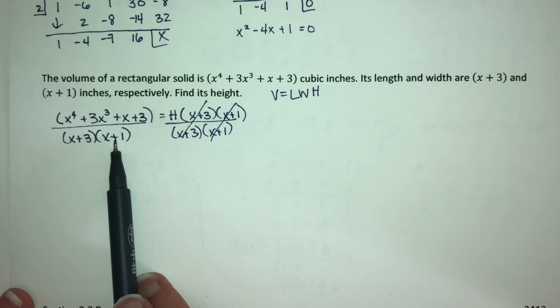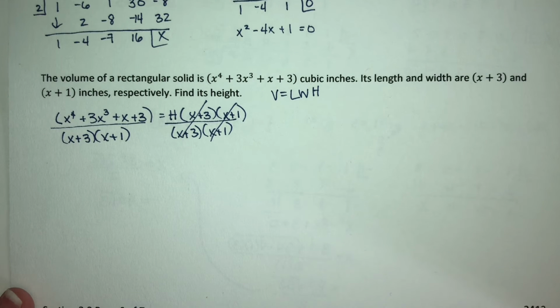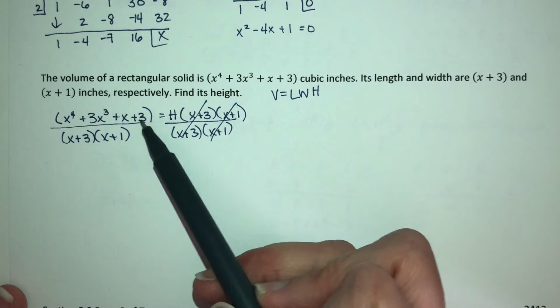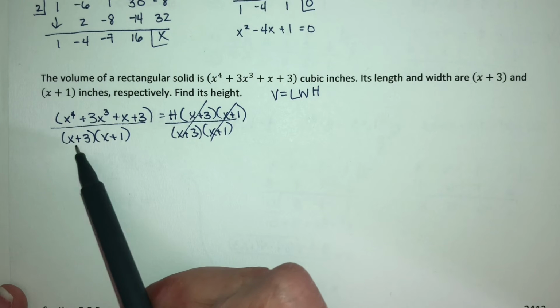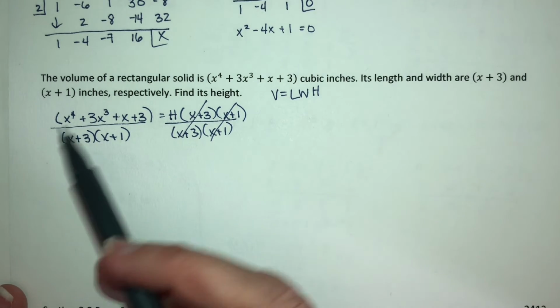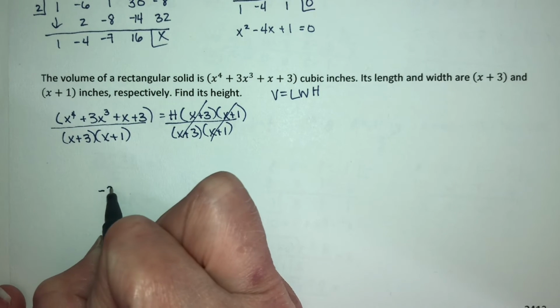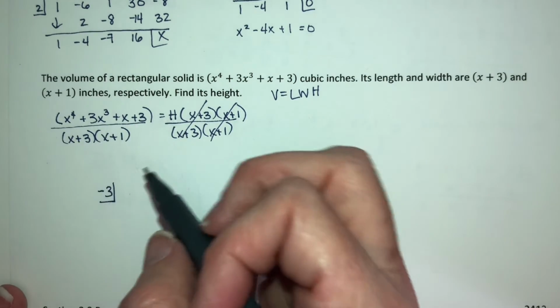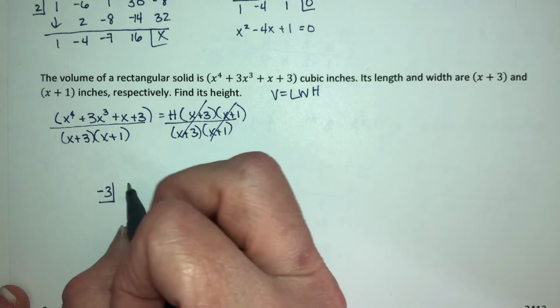You can multiply these together and then do long division because you're going to have a square term in there. Or you can do synthetic division twice. So I think I'm going to do that. I'm going to first divide by x plus 3. So that's a minus 3. Write down your coefficients, and we're missing a square term, so don't forget your 0.